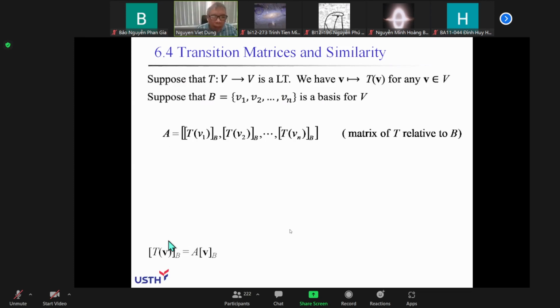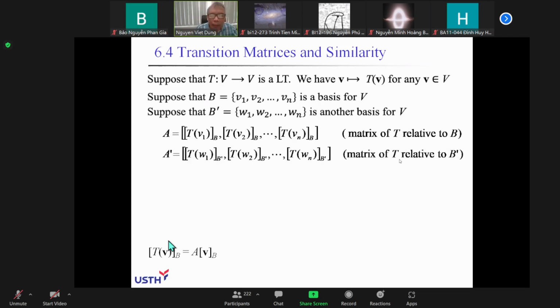Now, suppose that we are given another basis B prime of W1, W2 up to Wn. That is another basis for V. Then the matrix of T relative to B prime is given in the same way, just replacing V1 by W1, V2 by W2, Vn by Wn, and the basis B by the basis B prime. So we have n coordinate columns. We put them together, and we get A prime.